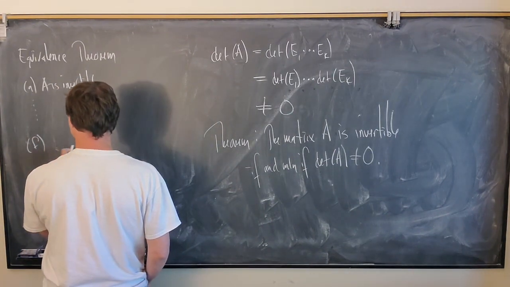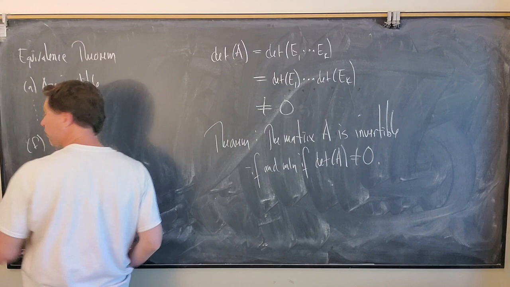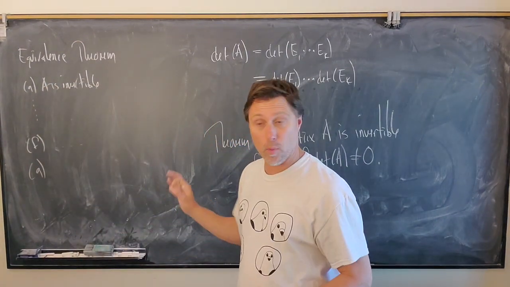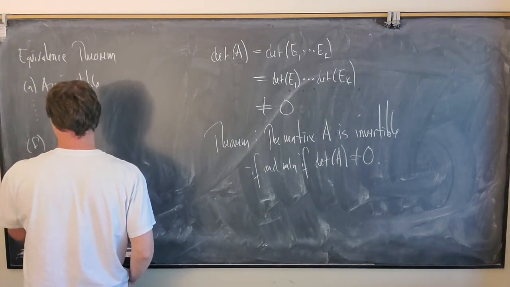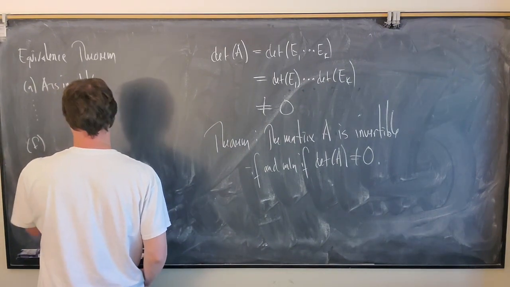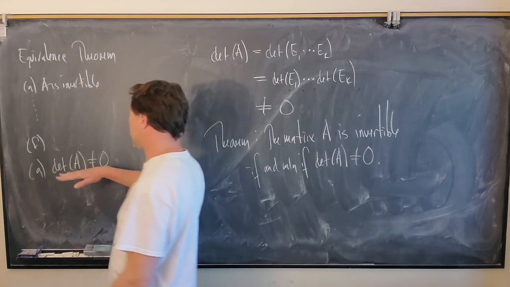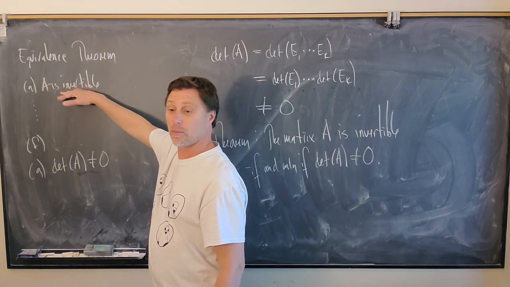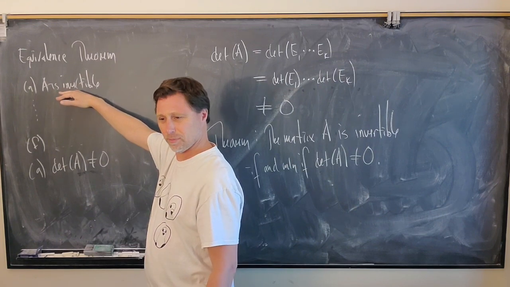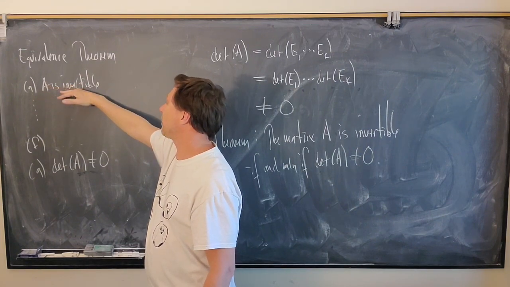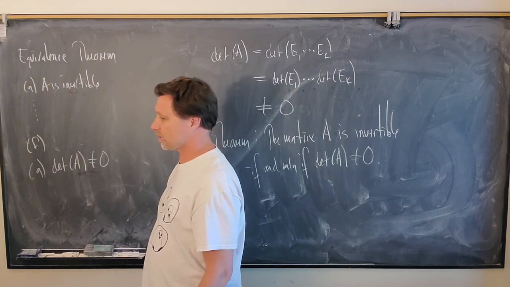I can't remember which one was F, but so far we should have A through F. We're going to add one more to that list now, and that is: the determinant of A is non-zero. So if the determinant of A is non-zero, then A is invertible, and vice versa: if A is invertible, then the determinant of A is non-zero.